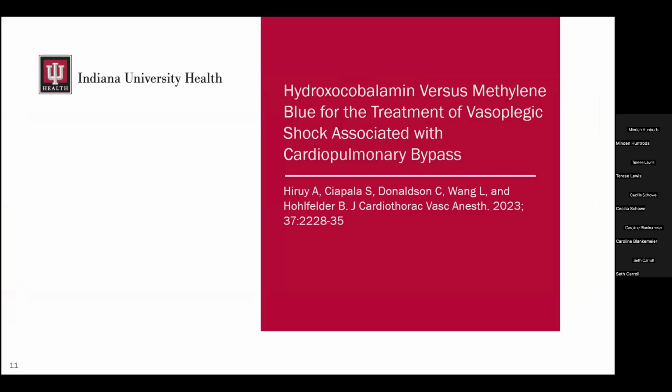Now for our current study, which was hydroxocobalamin versus methylene blue for the treatment of vasoplegic shock associated with cardiopulmonary bypass by Huryu and colleagues, published in the Journal of Cardiothoracic and Vascular Anesthesia.